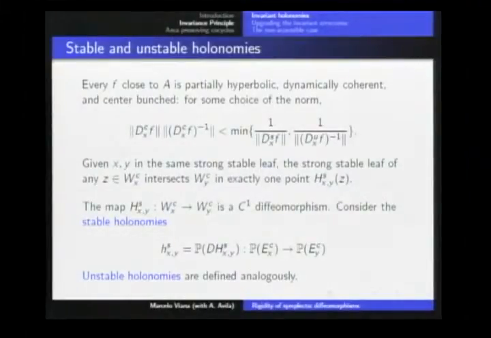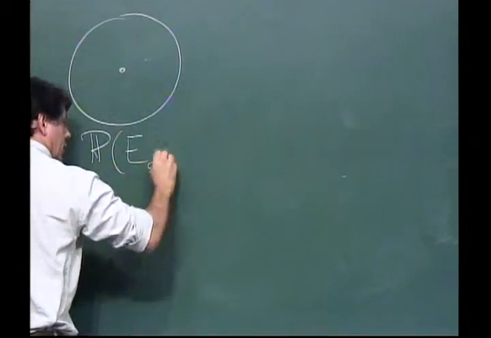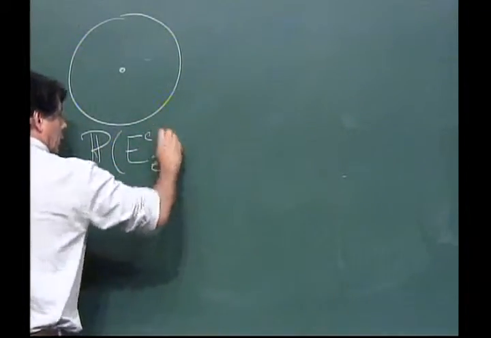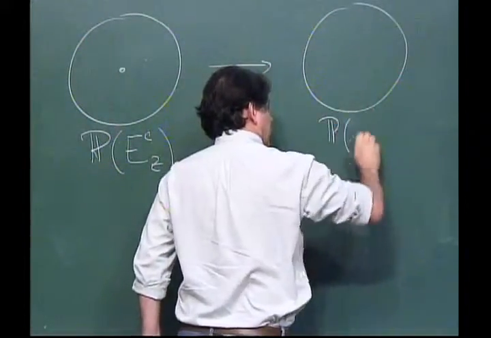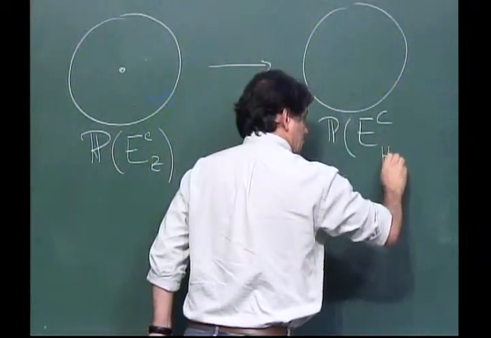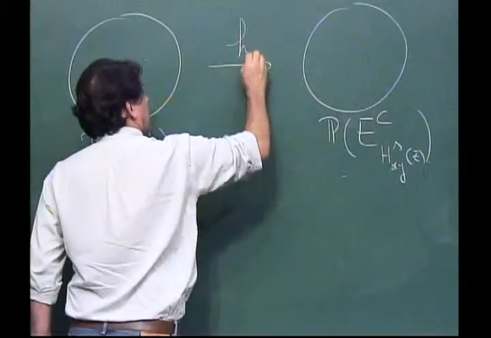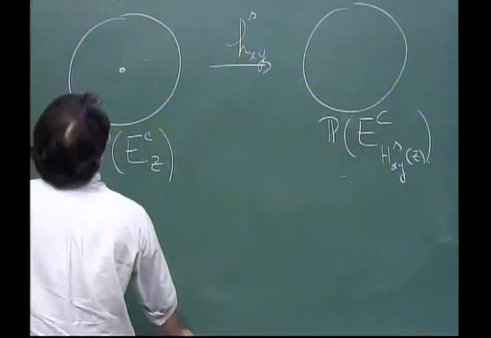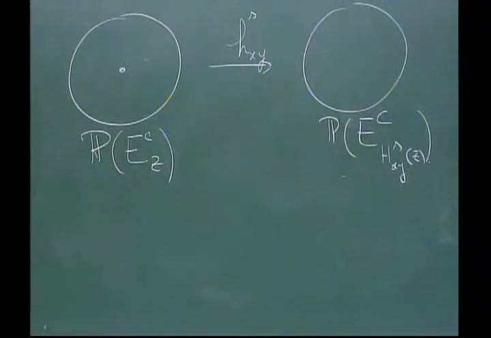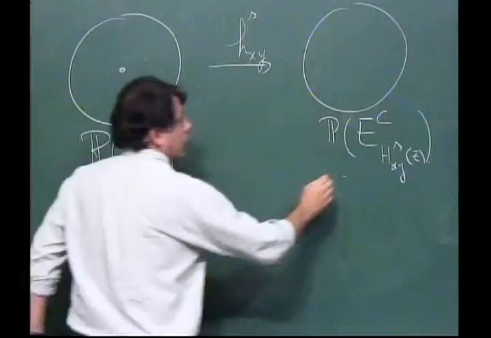So what I'm saying here is that in this picture, from the projectivization of the center bundle of Z to the projectivization of the center bundle at H_{X,Y}^s of Z, I have this map little h_{X,Y}^s. Well, I should have said here X for coherence, and here Y.